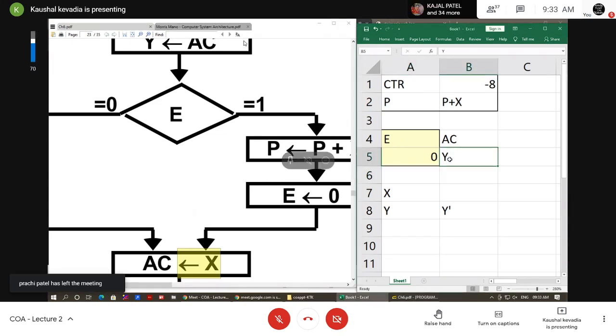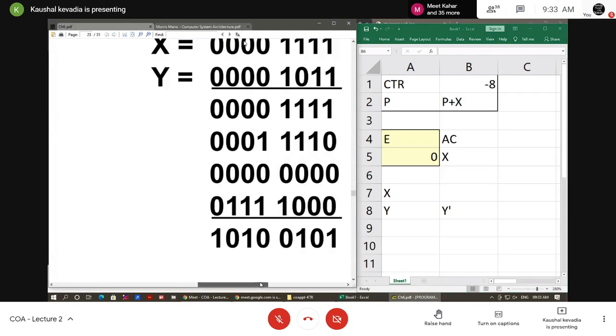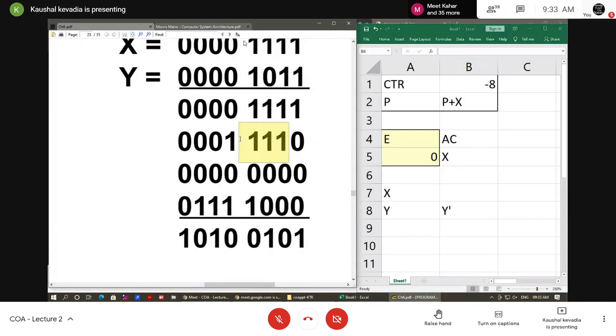X. Previously Y was there. Now I want to put the value of X into the accumulator. We have done the partial product, but again we require the shifting of X. Then, if after some time there is another X, I want to do that.